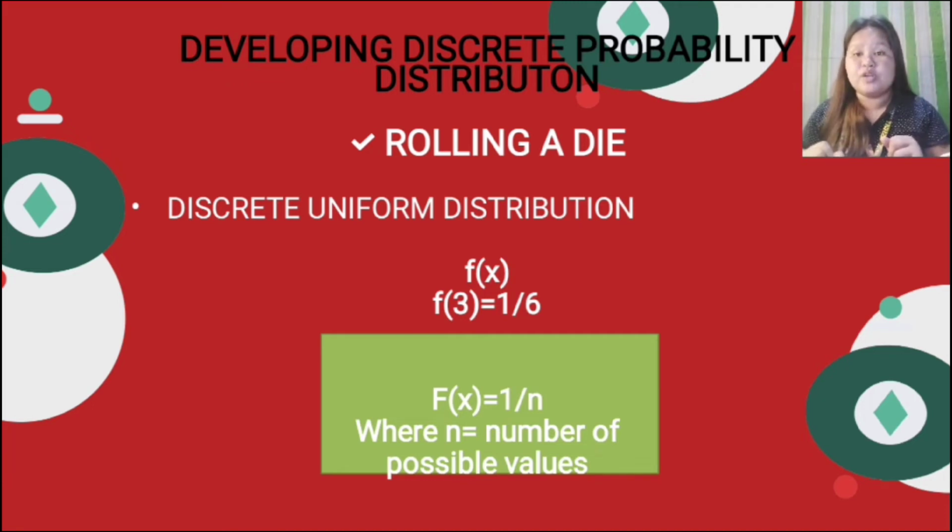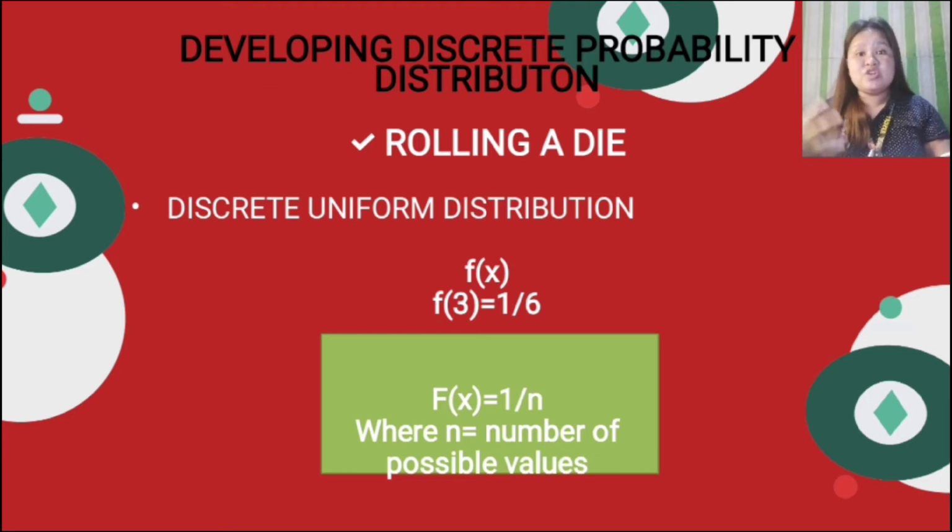For example, we have 3, the number on the die, so f(3) equals 1/6 because, as I've said, it is uniform. The probabilities are the same. So f(x) equals 1/n, where n is the number of possible values.